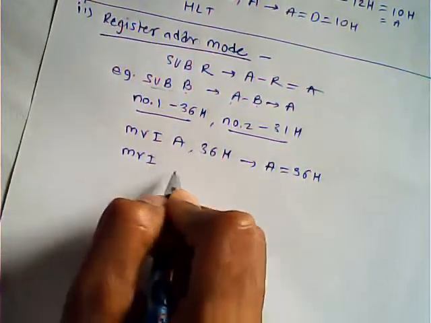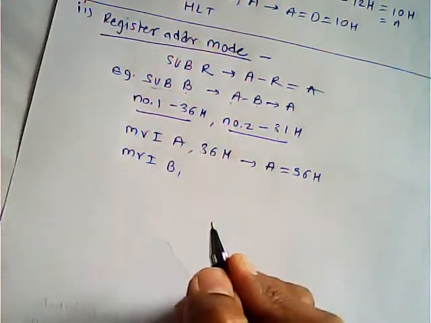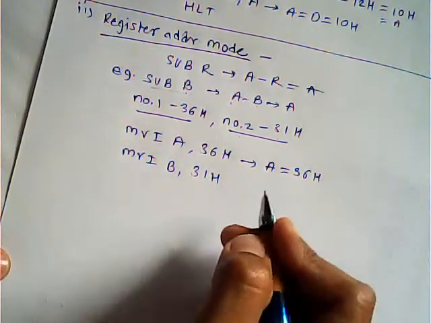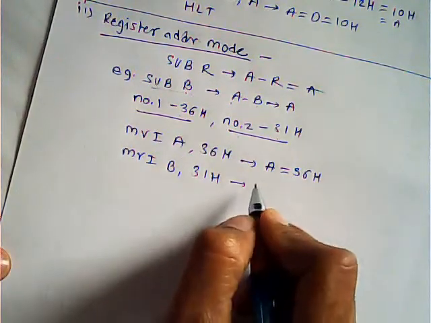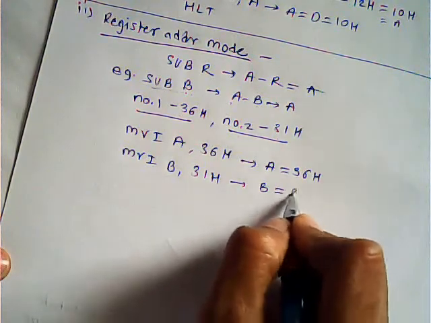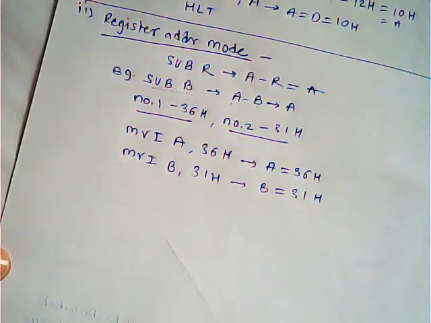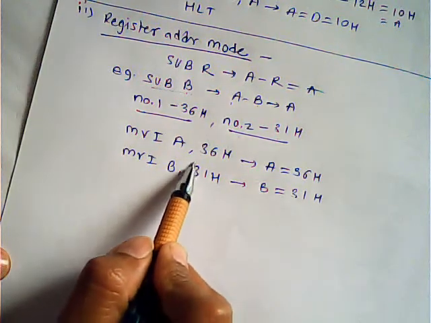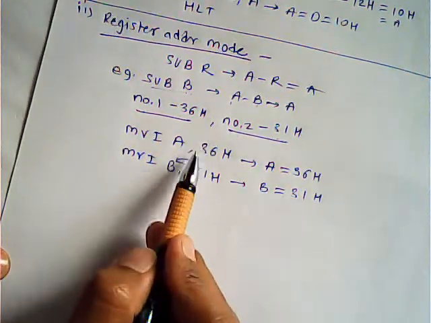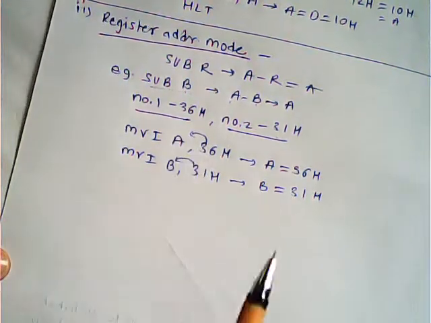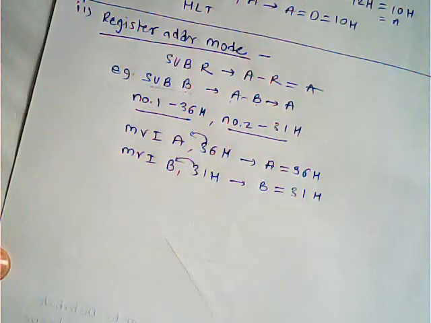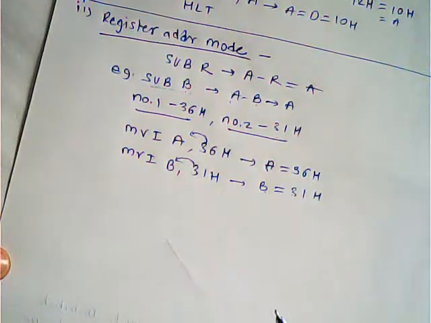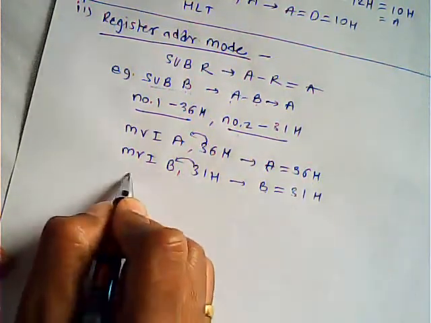Next instruction, move immediate MVI B, 31 hex. After the execution, in the B register you will find 31 hex. This 31 hex gets immediately copied in the B register like the previous MVI A 36 hex. Now in the A register and B register we have the two numbers, we can use the SUB B instruction.